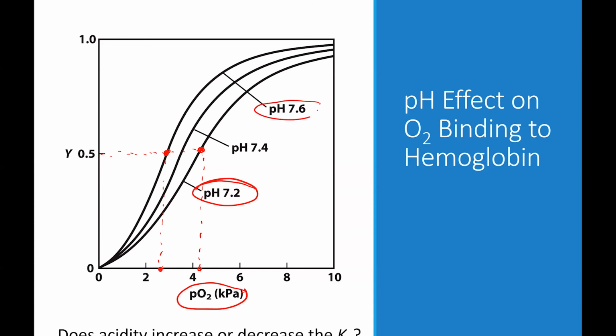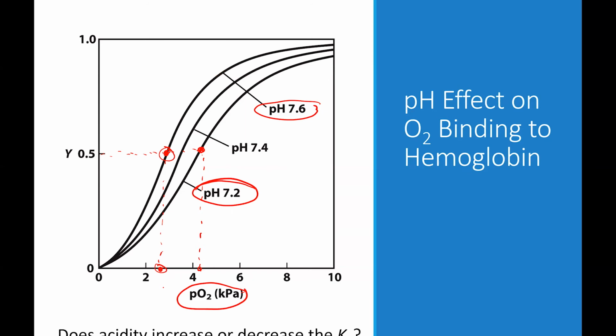Whereas if you have a higher pH system, you're going to have hemoglobin that is bound up only at pressures that are now lower. So it'll continue to stay bound even at lower pressures.